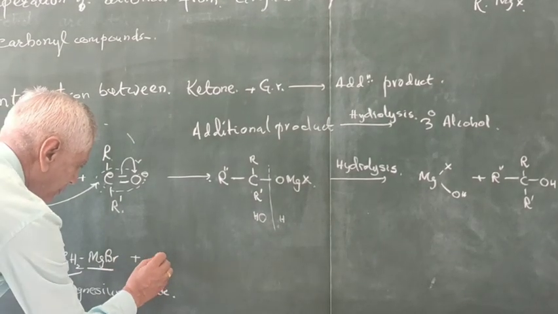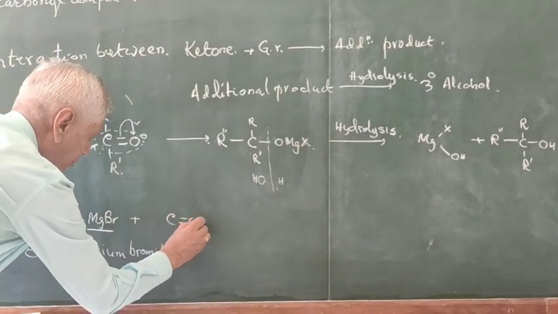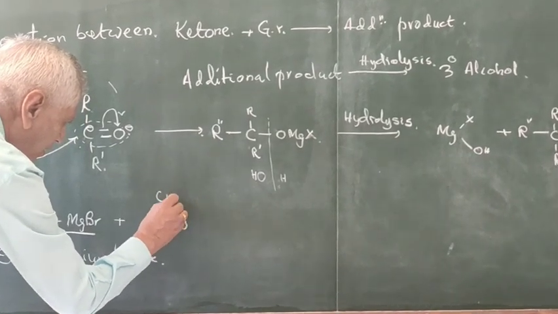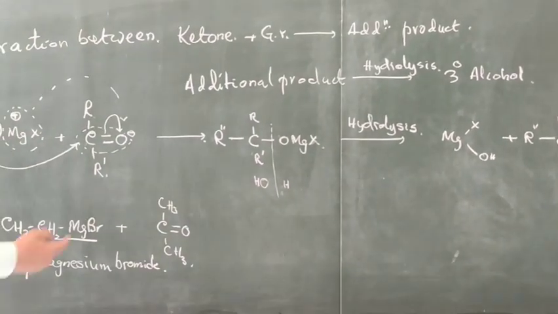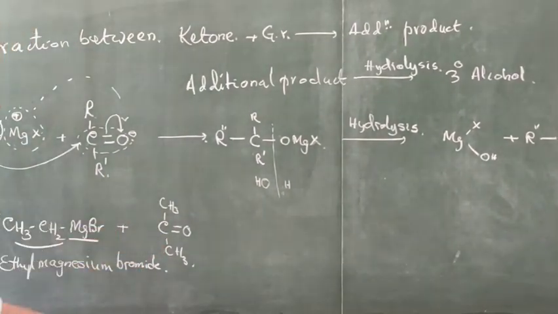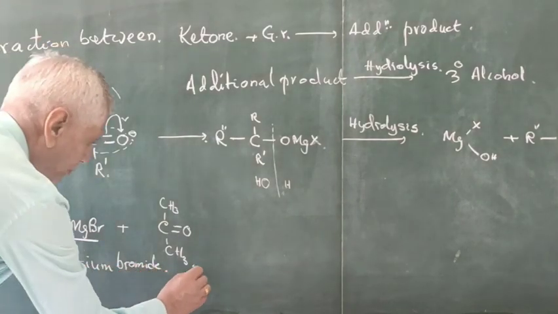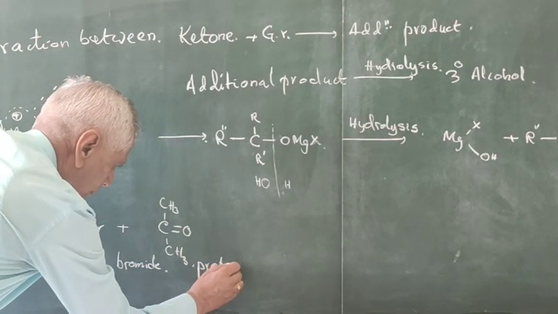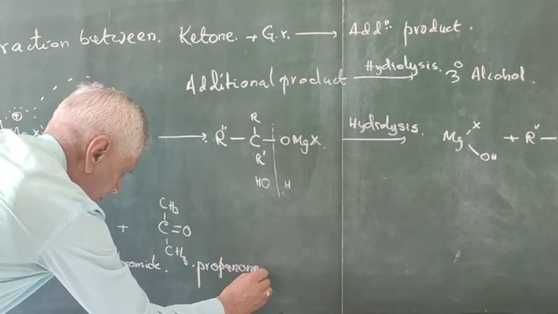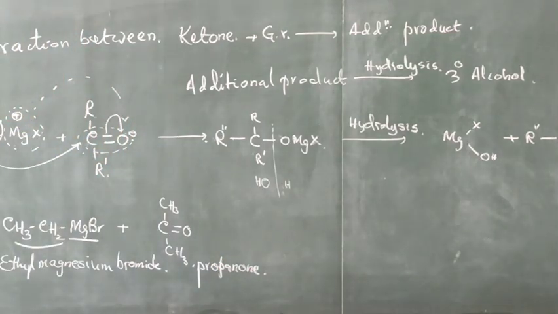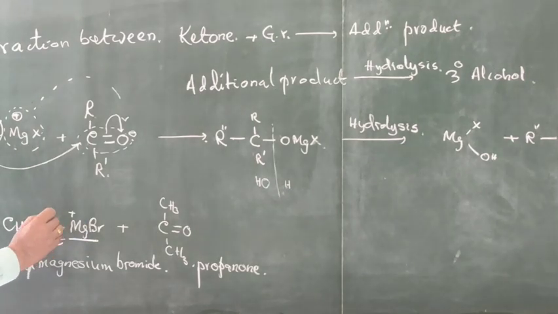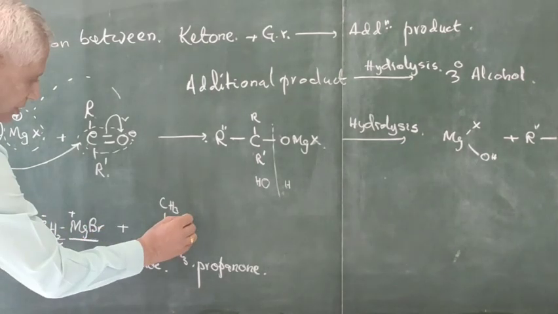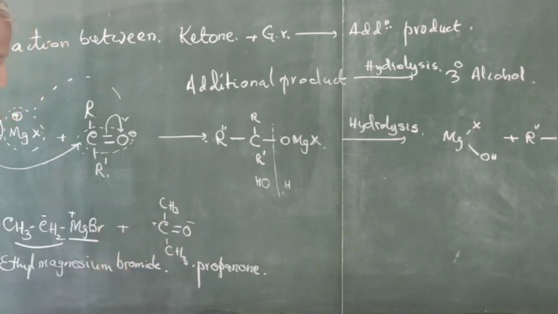So let us have a ketone, for example, C double bond O, CH3, CH3. This is a ketone. The name of this compound is propanone. So to this propanone, the ethyl magnesium bromide will add across the carbon oxygen double bond. This is plus, this is minus, this is minus, this is plus.